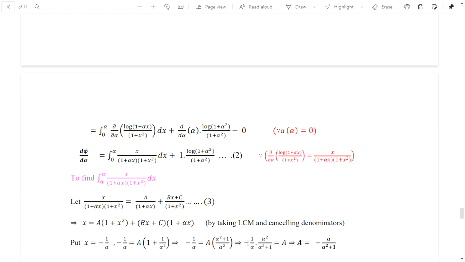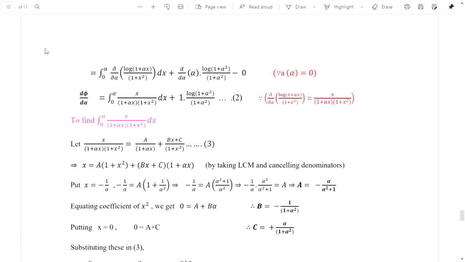That implies d phi by d alpha is equal to the integral from 0 to alpha of dou by dou alpha of log of (1 plus alpha x) by (1 plus x squared) dx.